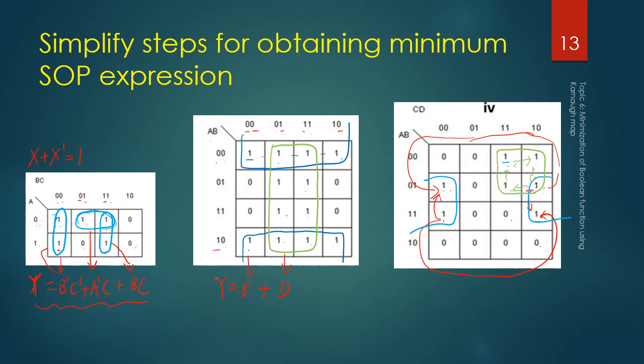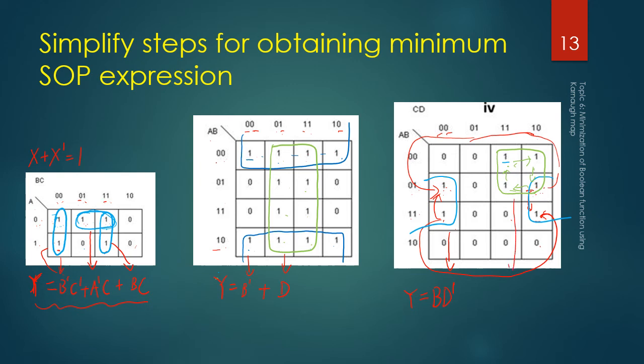Then the output equation y should equal to, first check the blue group. In the blue group A is changing, and if we compare these two squares, we know that C is changing. So we only have B and D left, and B equal to 1, so write B. D equal to 0, write D prime.